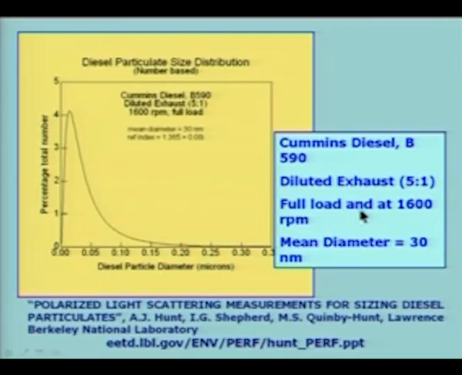It was operated at full load and 1600 rpm, that is the speed of the engine, and the mean diameter of the particles, as you can see, is 30 nanometers. So the particle diameters are very small.